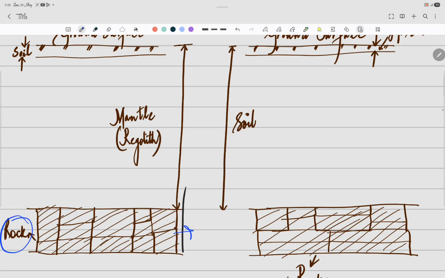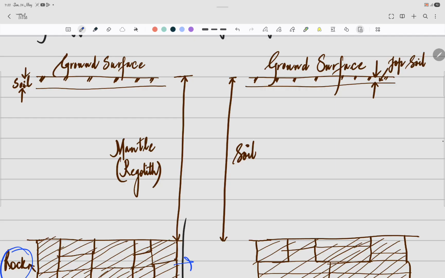The portion from this rock to the ground surface is known as mantle or regolith. And whereas this layer, which is only at some depth, the top surface, is known as the soil.